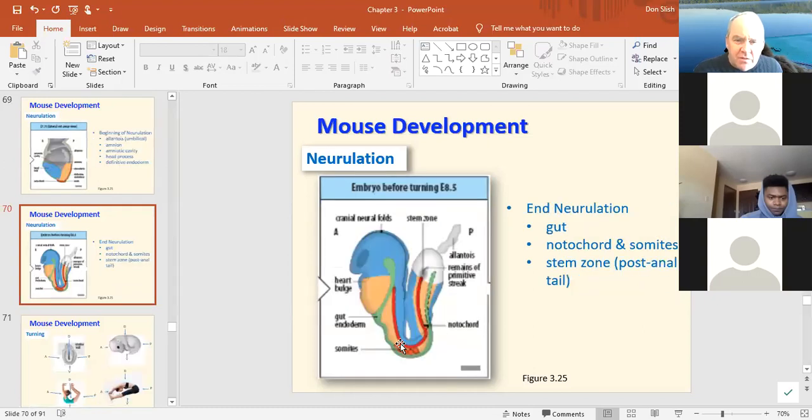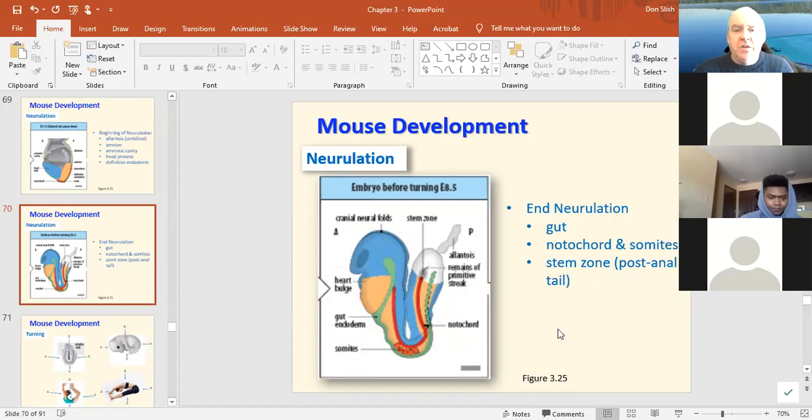So now you can see this is your notochord, laid down by neurulation as that node went backwards up this way. So notochord and somites get laid down by neurulation.